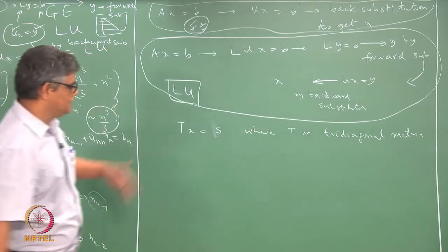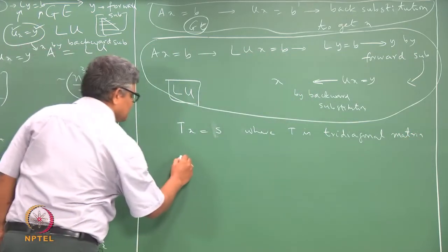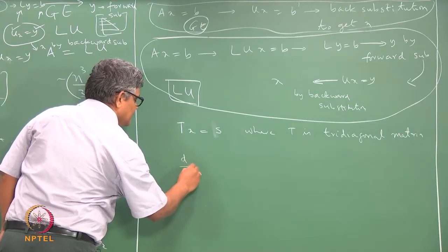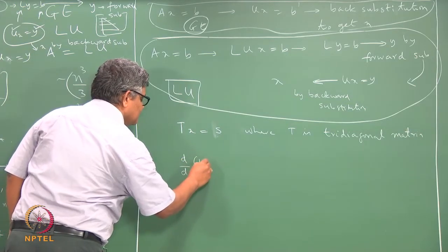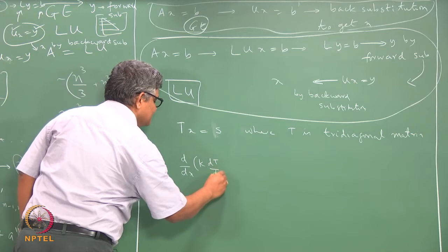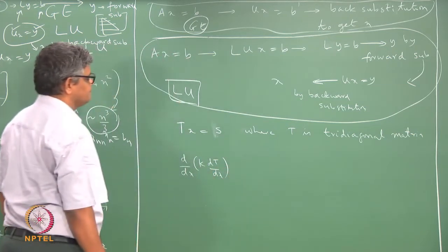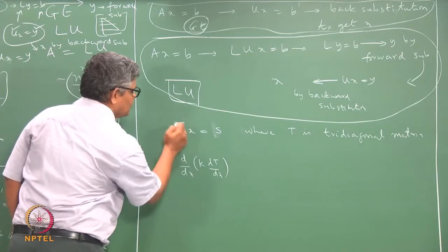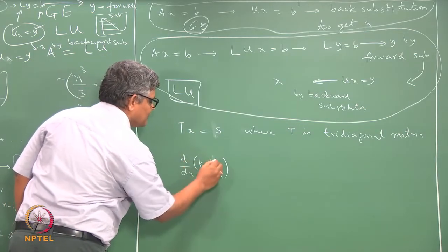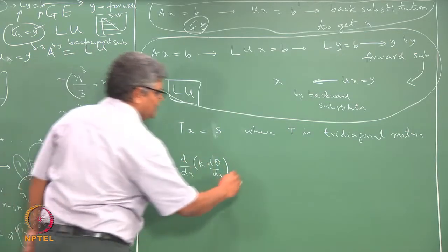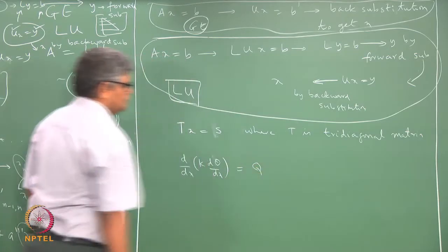Okay. So, let us see for example, a simple case of d by dx of k d theta by dx. Let me not confuse this T with this T. So, let me put this as theta equal to q.